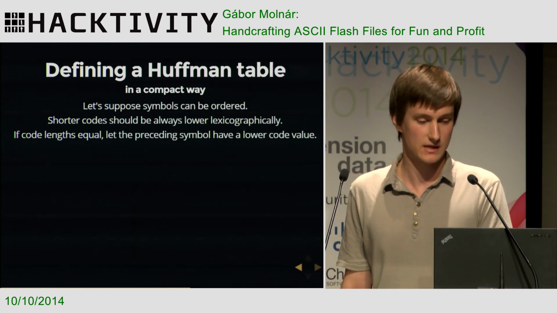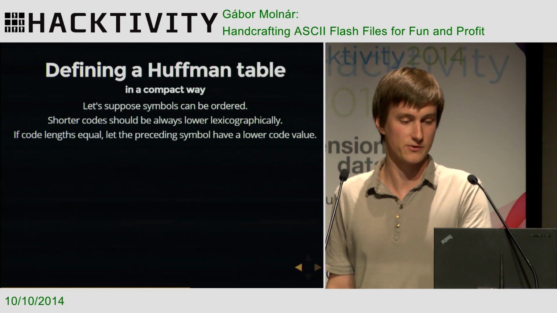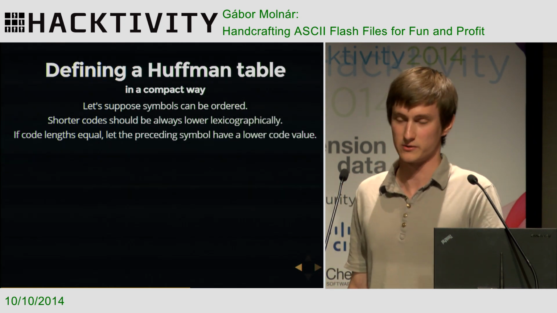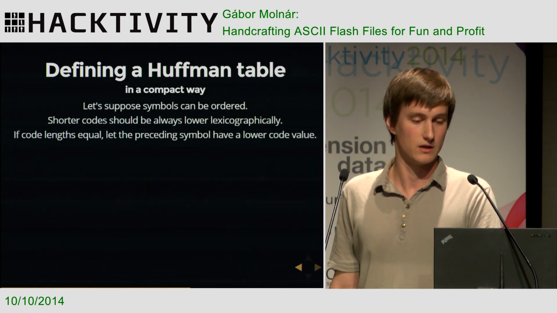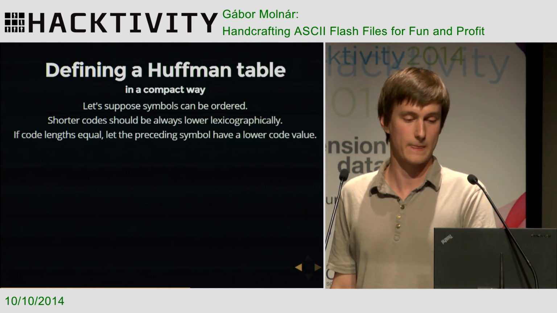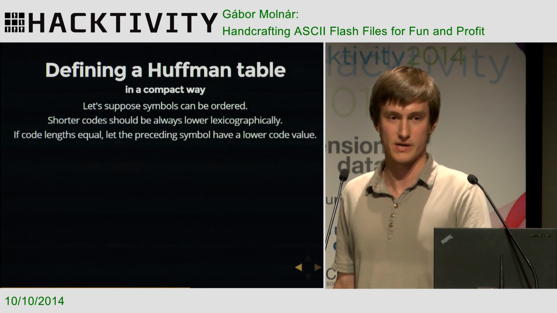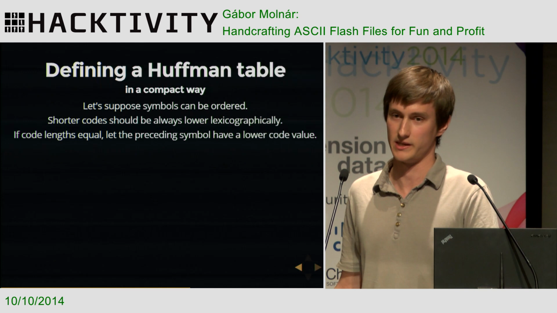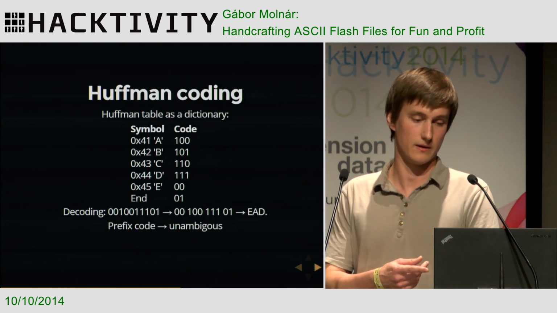Let's look at how we define a Huffman table, and in order for this to be compact, you need input symbols to be sortable. If it's about bytes, then they are sortable, obviously. Also, we must say that output codes that are shorter should be listed before the 4-bit codes.